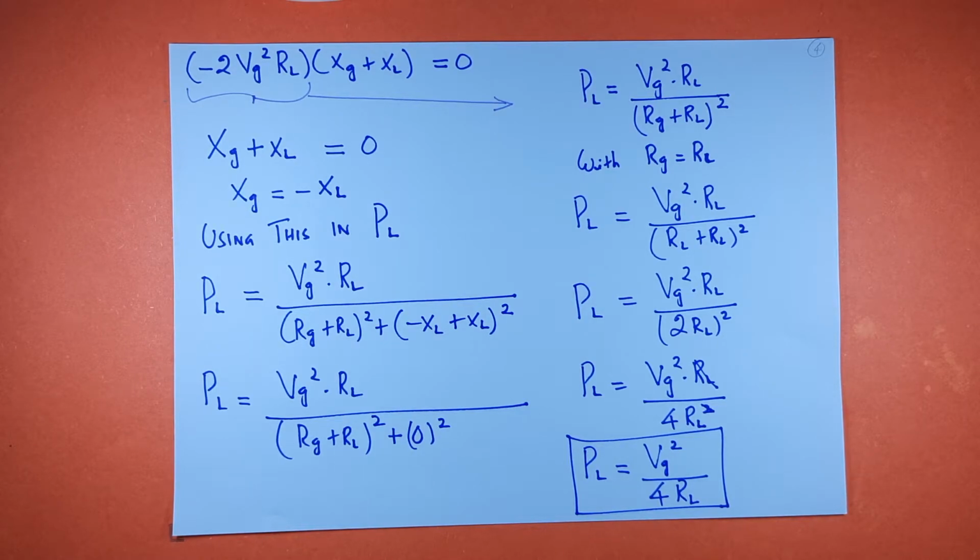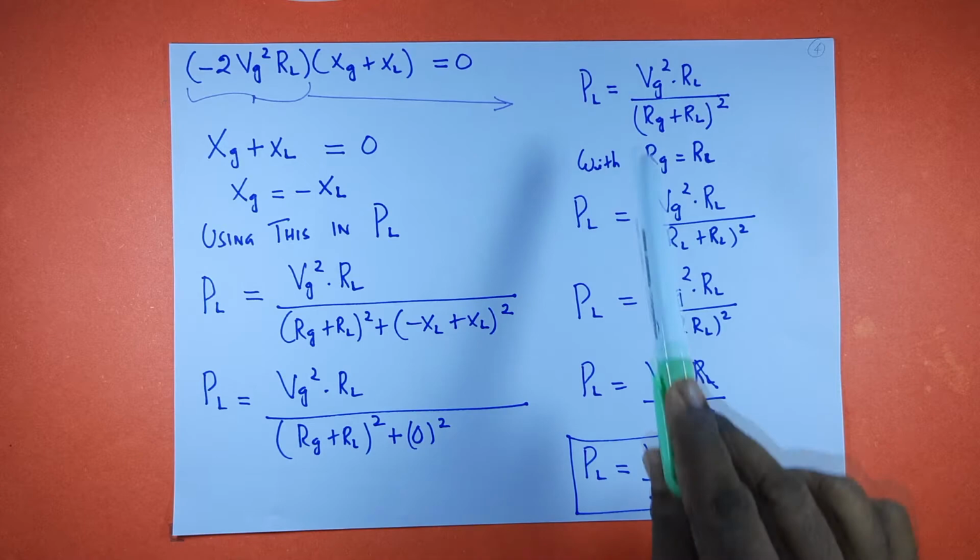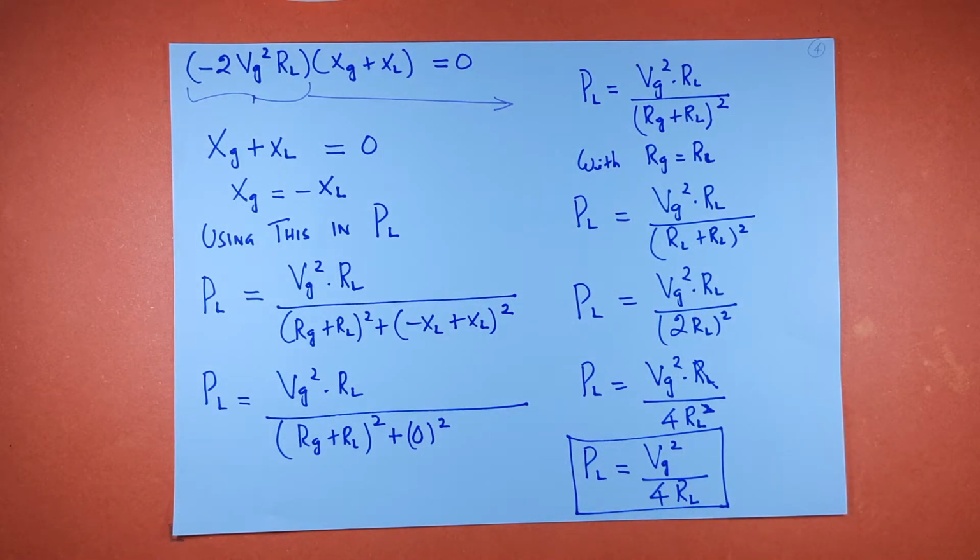So PL equals Vg square RL divided by Rg plus RL the whole square plus Xg, which is minus XL, plus XL the whole square. That last term becomes 0. So you have PL equal to Vg square RL divided by Rg plus RL the whole square.